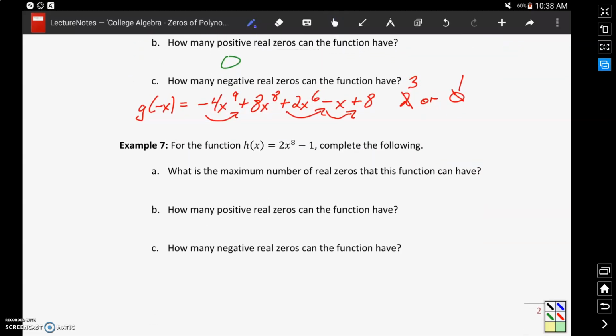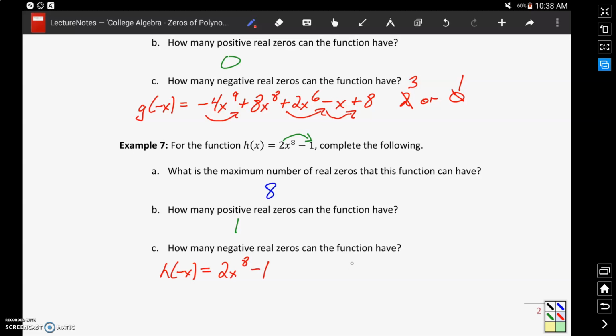In example 7, again, the 3 same questions. We can expect no more than 8 real zeros, since this is an 8th degree polynomial. Applying the sign test to the original function, we see 1 sign change, so we can expect 1 positive real zero. If we evaluate h of negative x, we get 2x to the 8th minus 1.